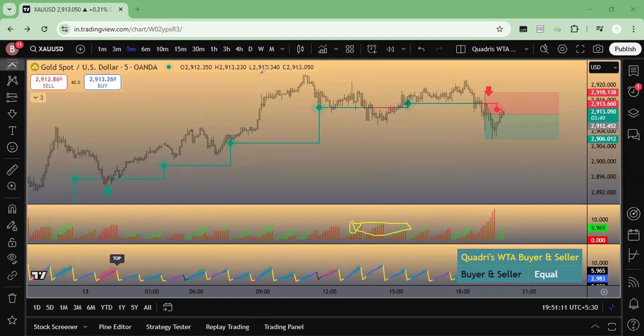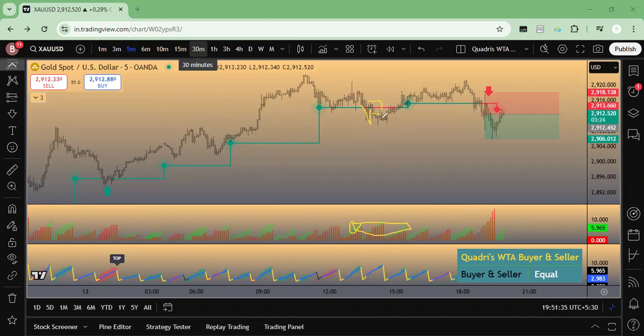Even if one would have initiated a trade, for example, considering this to be a pullback, this would have been your sell trade. And my criteria, which I normally train my students around, is that as soon as the price moves in my favor, I bring my stop to break even, based on my criteria of 3, 4 candles.